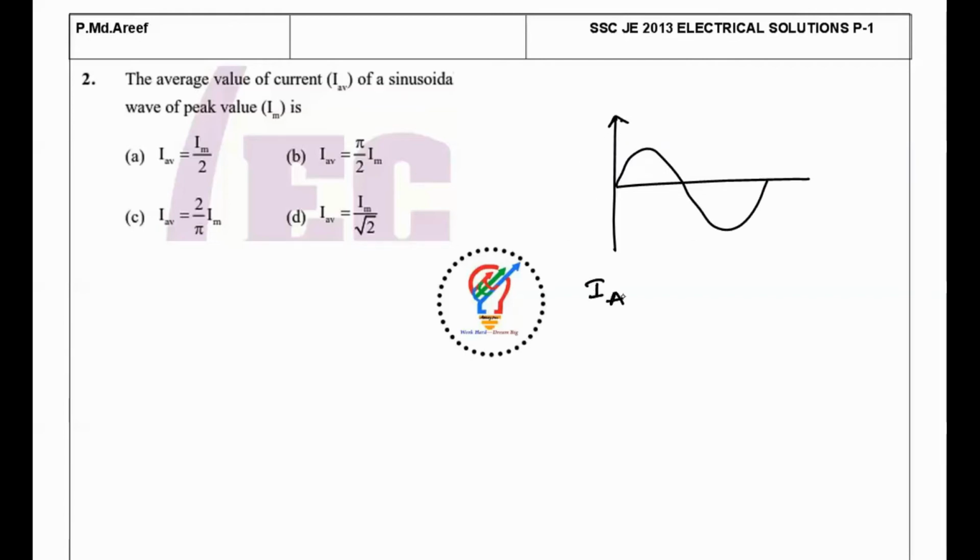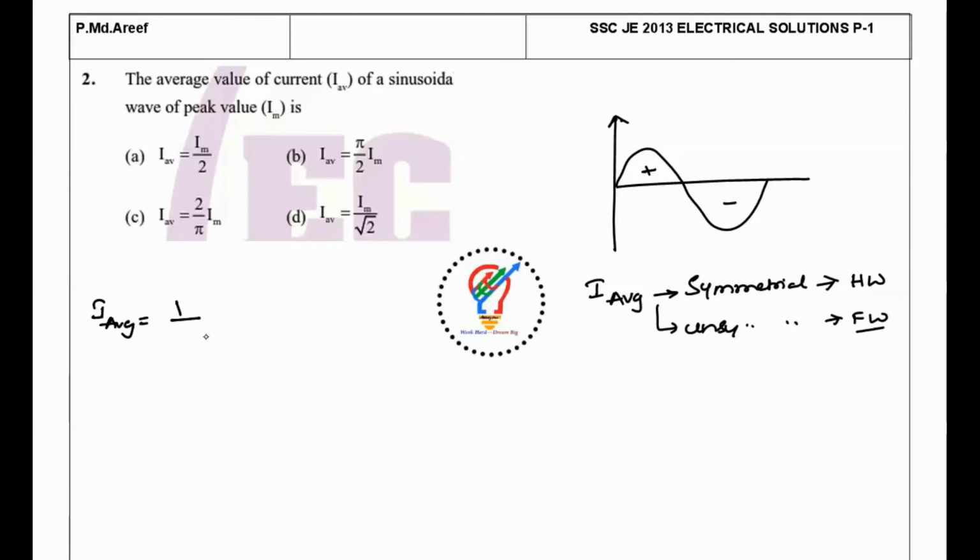As we know, I average can be calculated like this: if the wave is symmetrical, we'll consider the half wave. If it is an unsymmetrical wave, we will choose the full wave. Here the positive half cycle and negative half cycle are both the same, so it is a symmetrical waveform. So I average is equal to, what is the time period here?